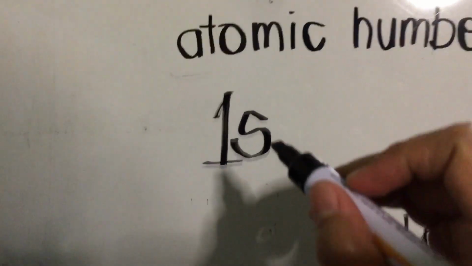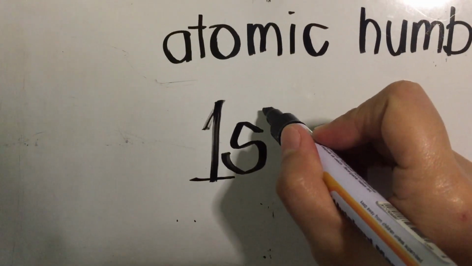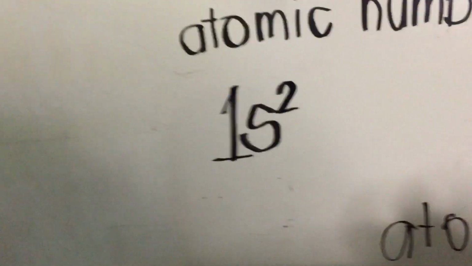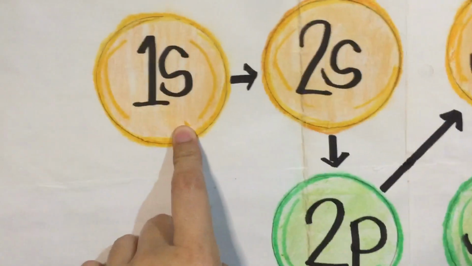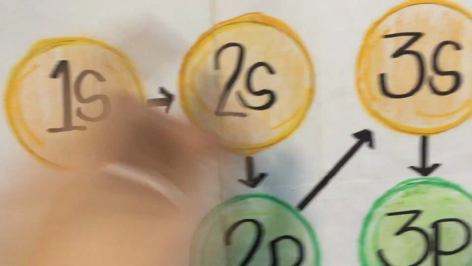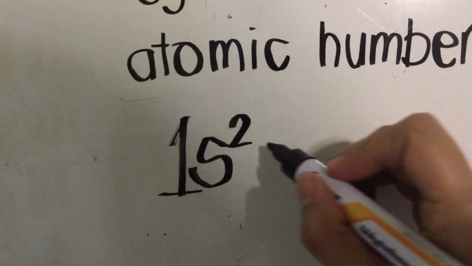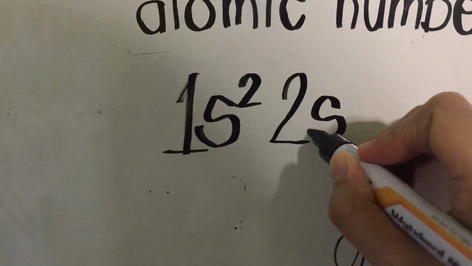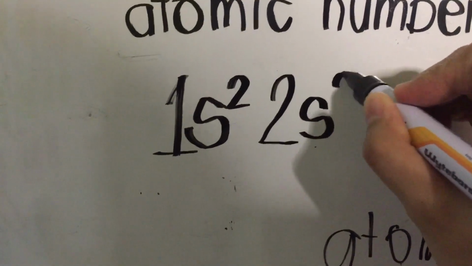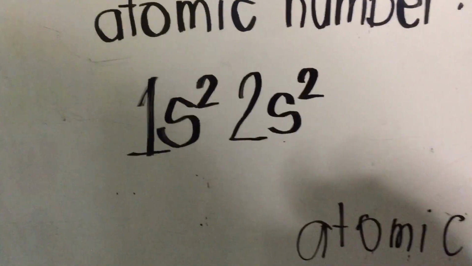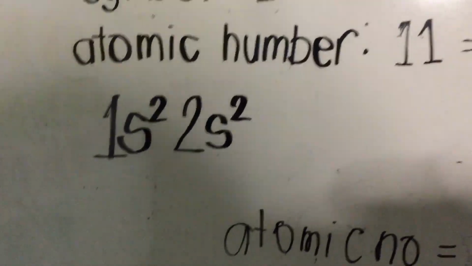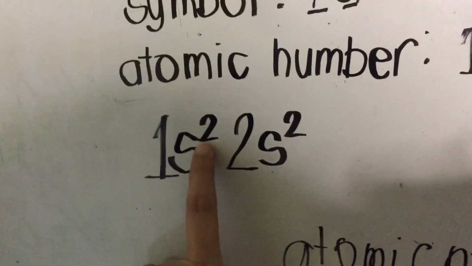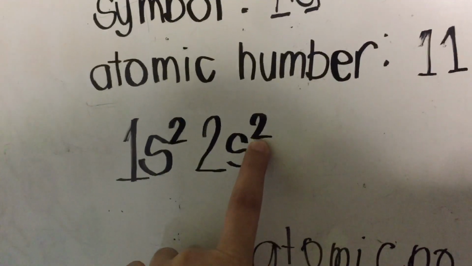So, ang ilalagay natin na exponent niya or superscript niya ay 2. Okay? Anong sunod ng 1s? Next is 2s. Okay? Again, ilan ang s? 2. So, 2 yung ilalagay natin. So, ilang electron ba yung kailangan natin? 11, di ba? So, ilang electron na meron tayo? 2 plus 2 is 4.